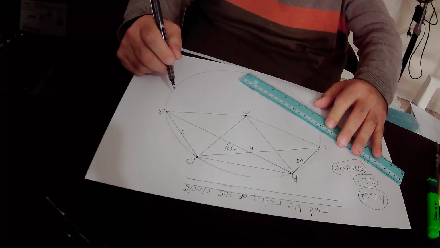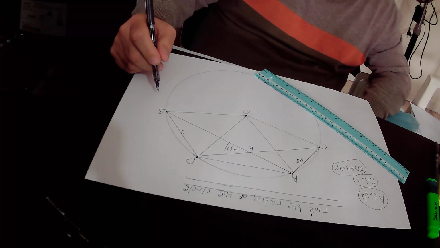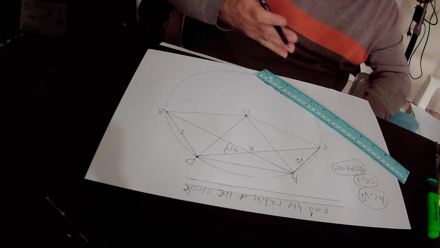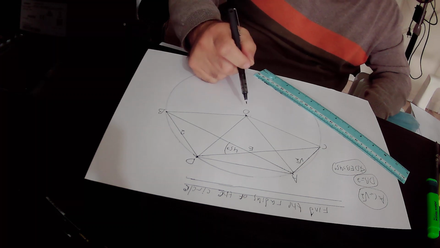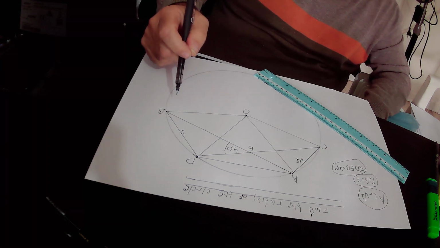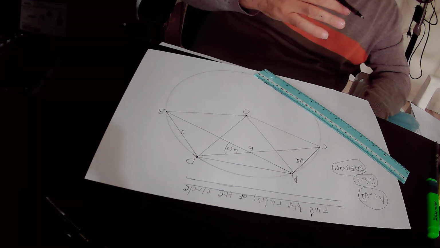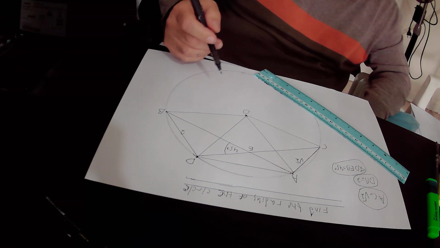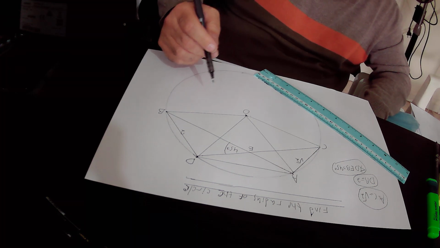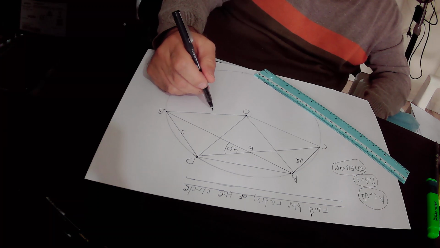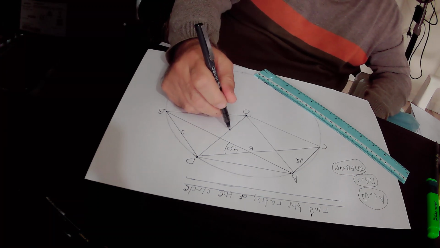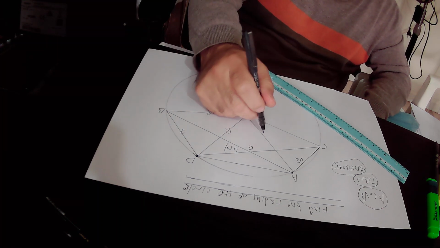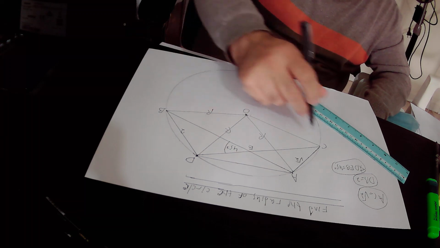So actually, all those 4 line segments, OB, OD, OA, and OC, are the radii of this circle, because they start from point O and end at points B, D, A, and C that are the points on the circle. This is exactly the definition of a radius. So we define the radius of this circle as capital R. Therefore, OB equals capital R, OD equals capital R, OA equals capital R, and finally OC equals capital R.